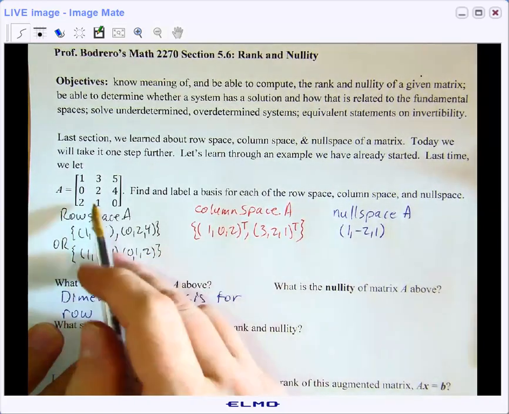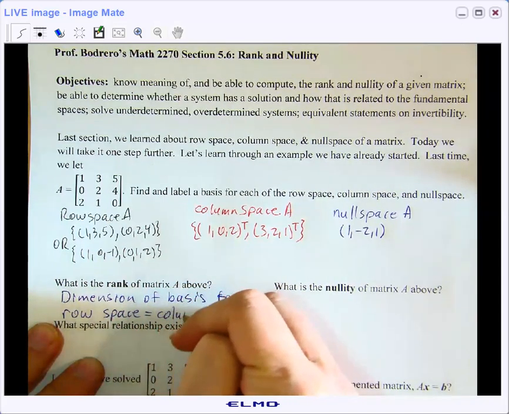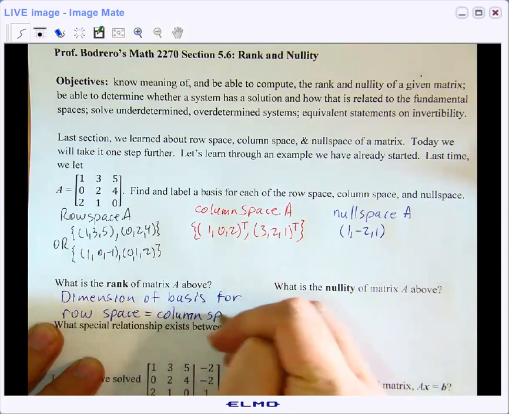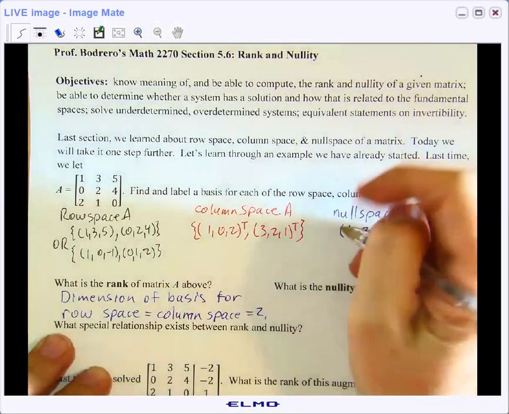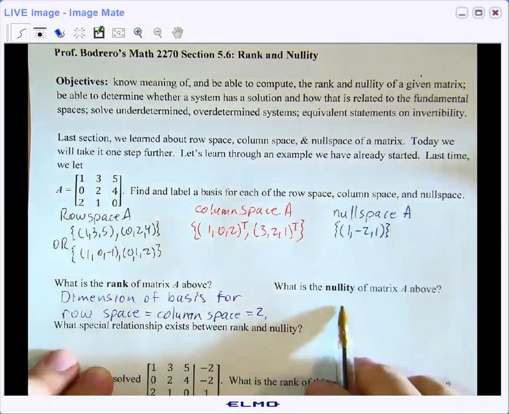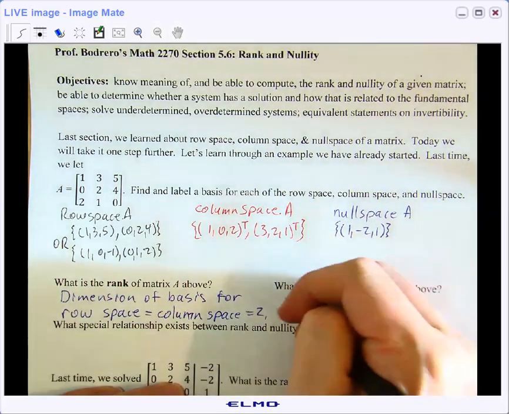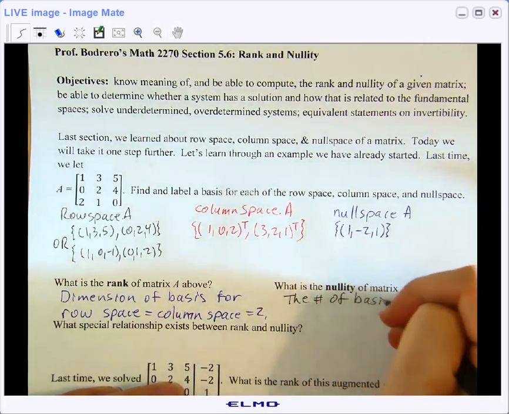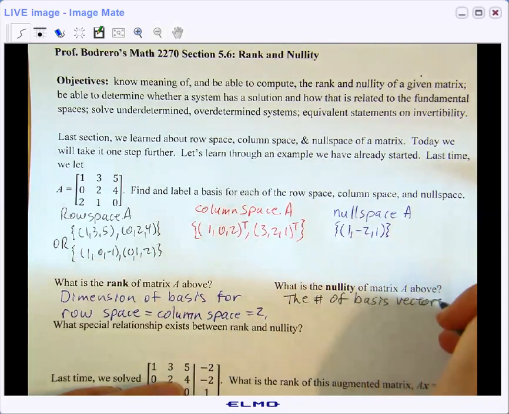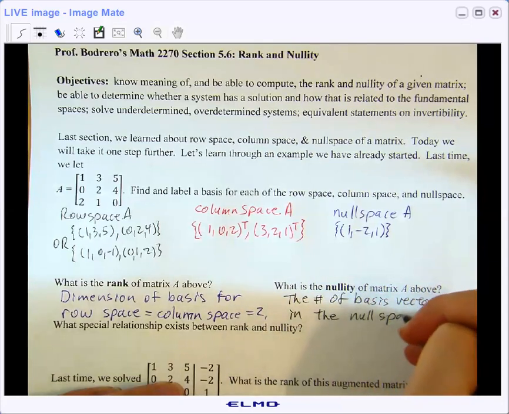And for this particular A matrix, that dimension is 2. Okay. The nullity is the dimension of the number of basis vectors in the null space. So let's write that down. Which in this case would be 1.